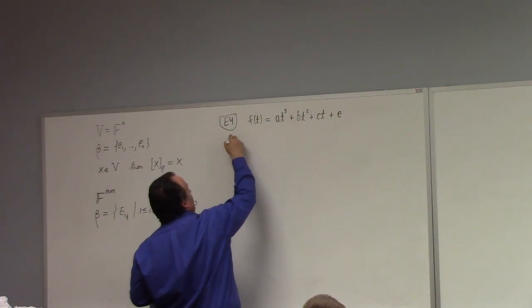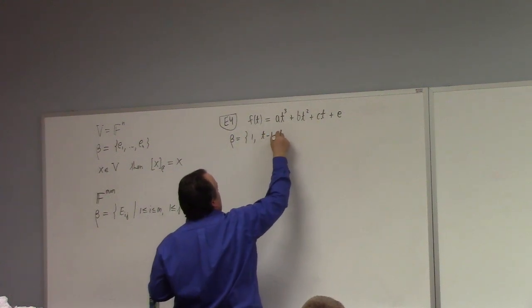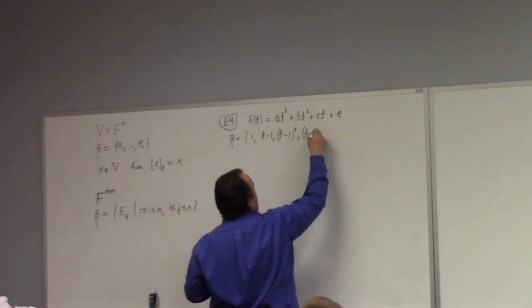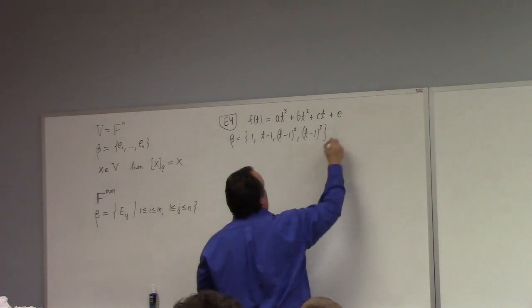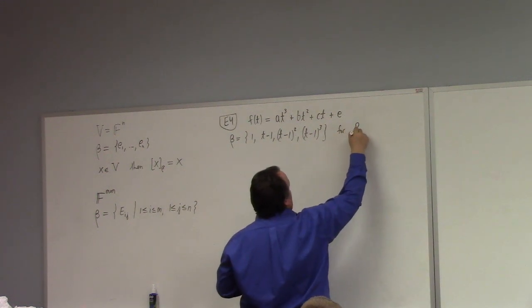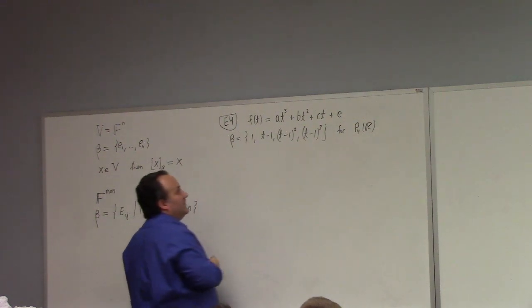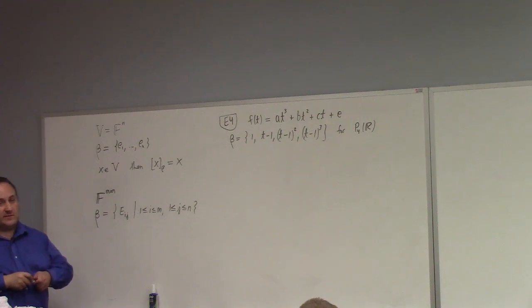And let my basis be 1, t minus 1, (t minus 1) squared, (t minus 1) cubed, for P_3 over the reals, right? Let's find the coordinate vector of f(t).